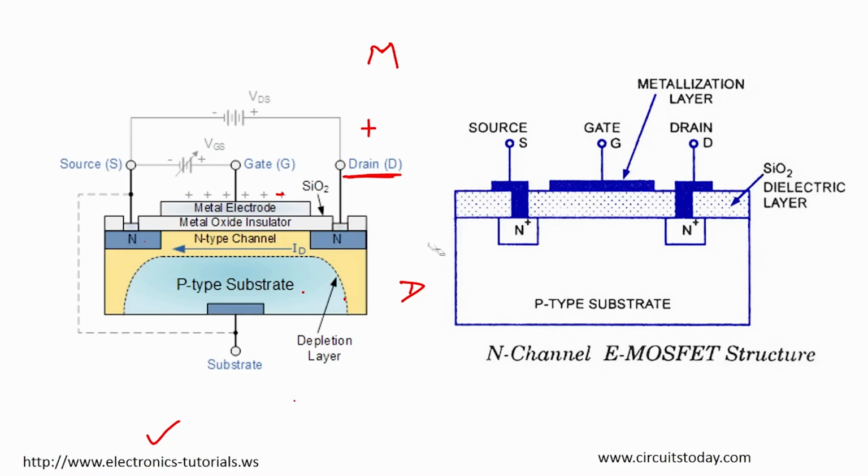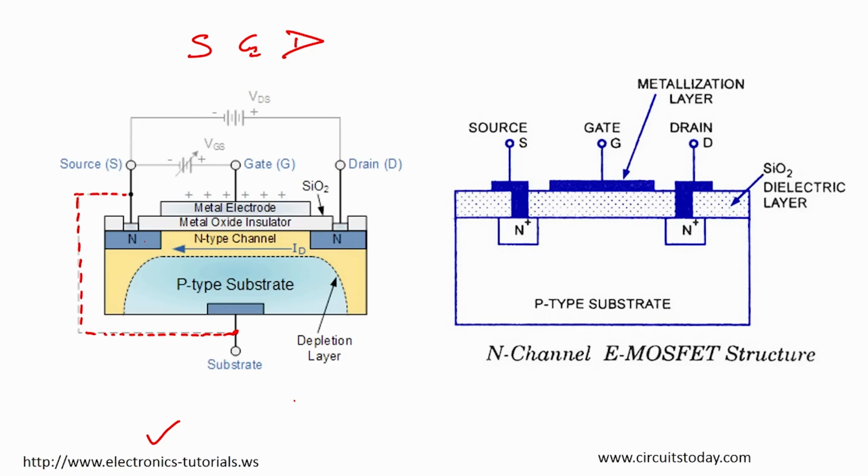Now, what is the next step? You see here there is a connection between source and the substrate. There is a connection between source and substrate, right. So, you will see that the MOSFET generally has only 3 terminals: source, gate and drain.